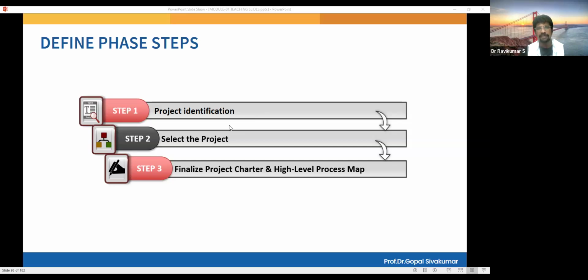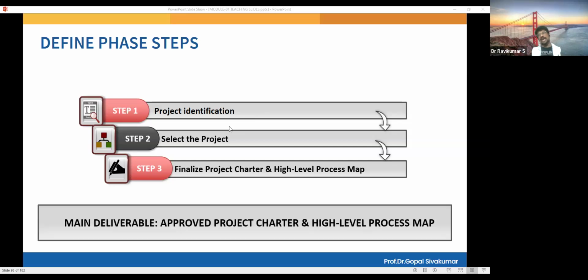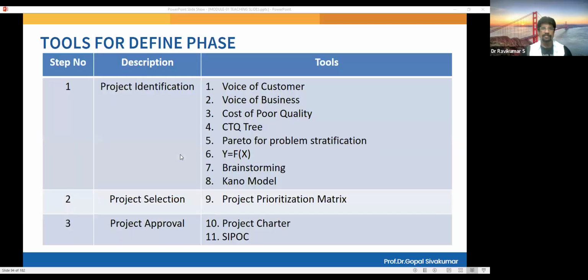So at the end of the define phase, you must have a project selected and approved in the report by the top-level management, followed by a high-level process map, which will give you a bird's-eye view of the various activities happening in the process. That is what we are going to do in the define phase.